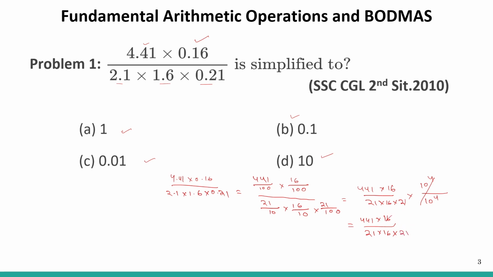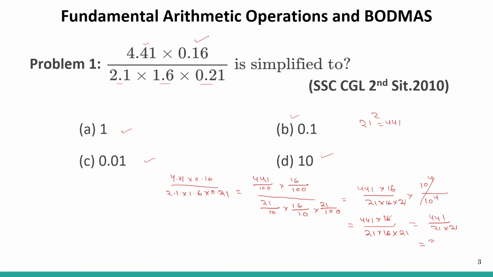As you can see, 16 can be cancelled in the denominator and numerator, and the simplified form is 441 whole by 21 into 21. If you can remember, 21 square is equal to 441. So we can cancel the numerator and denominator.